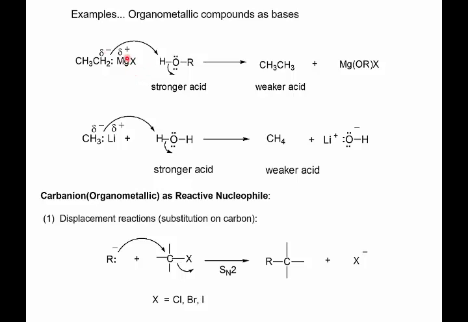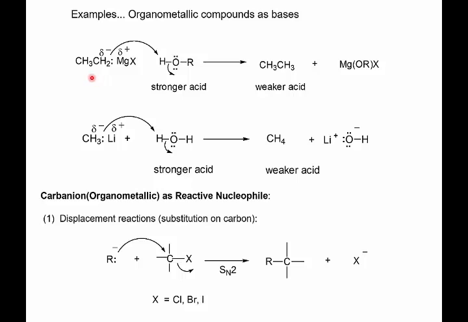So if we take our organomagnesium, mix it with an alcohol, there is a favorable and spontaneous reaction, even though the alcohol is a very weak acid. The carbanion component of the organometallic is such a strong base that it will successfully pluck off the hydrogen ion from the alcohol. The acid-base reaction ensues.